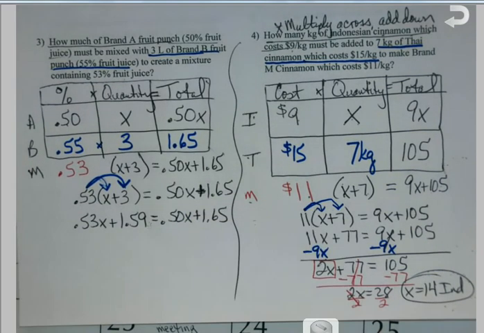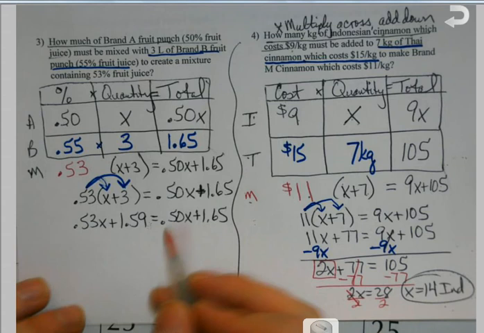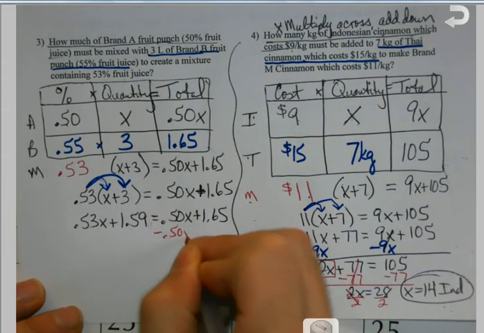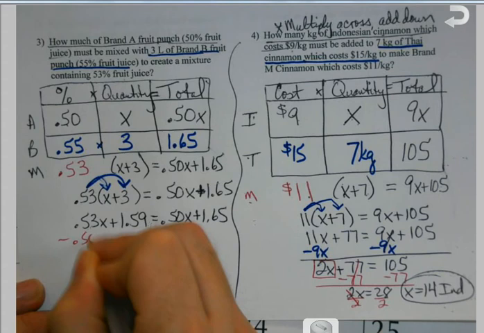All right, so we got the distributing out of the way here. So we want to get all of our x's to one side. The 0.53 is bigger, so we'll minus that 0.50 out.